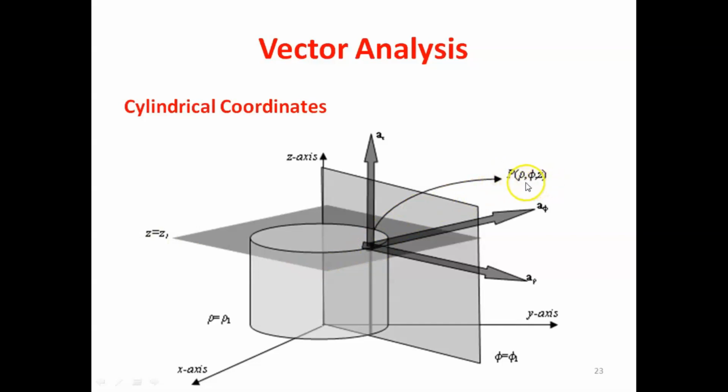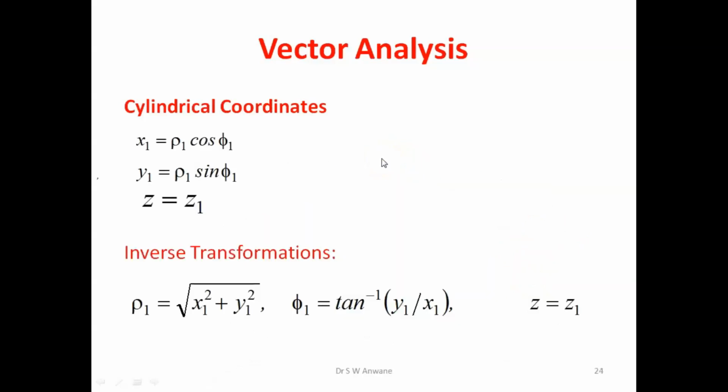Obviously, it is the intersection of these three surfaces, and the unit vectors a rho, a phi and a z have a similar definition. As I said, x1 is equal to rho 1 cos of phi 1, y1 is equal to rho 1 sin of phi 1, and z1 is equal to z1. That is the third transformation equation.